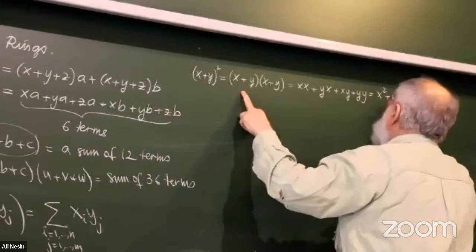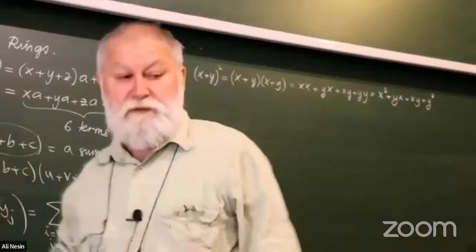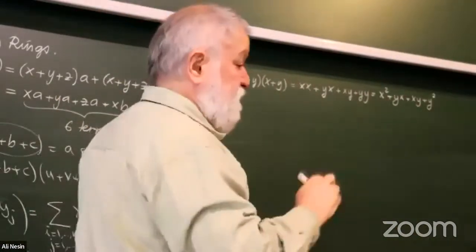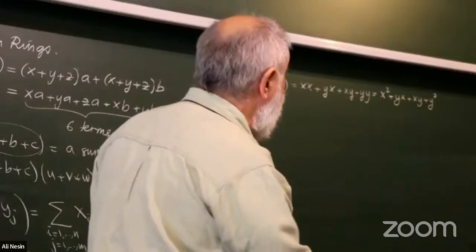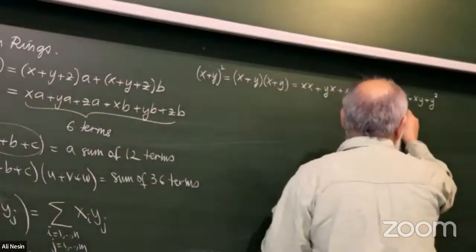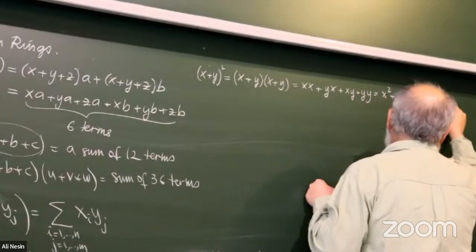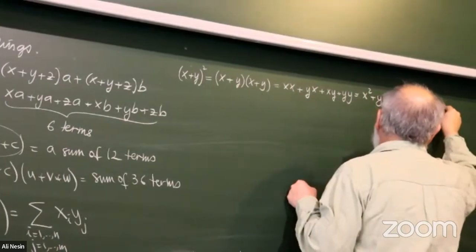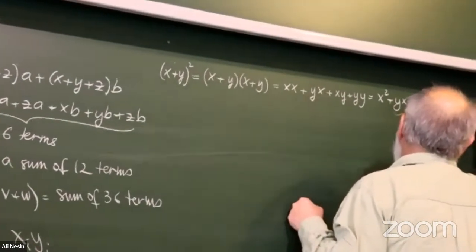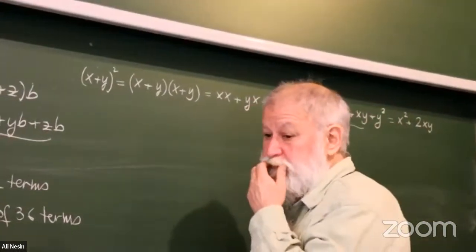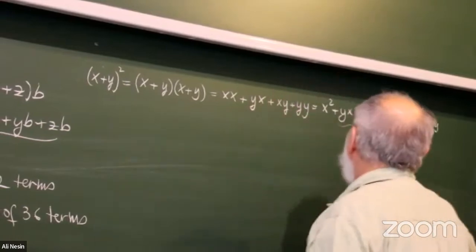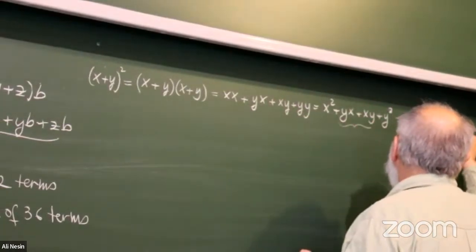This holds in all rings. In all rings, this is true. But if the ring is commutative, or if x and y commute with each other, if xy equals yx, then these terms are equal. x squared plus 2xy, where 2 in a ring means 1 plus 1, plus y squared.